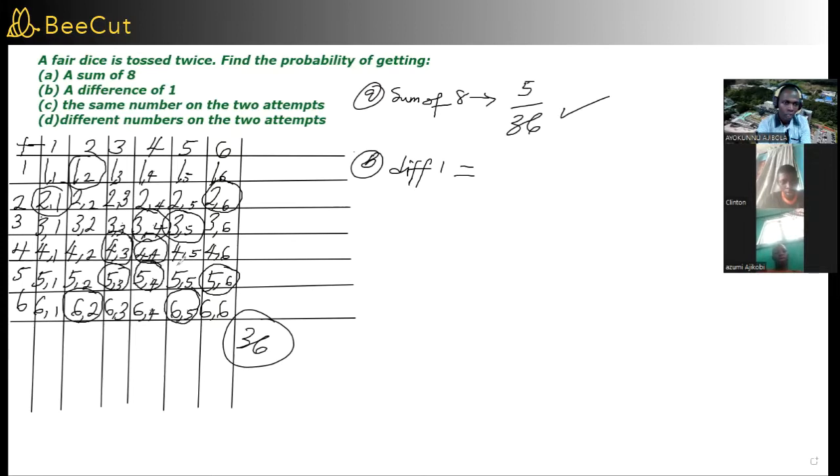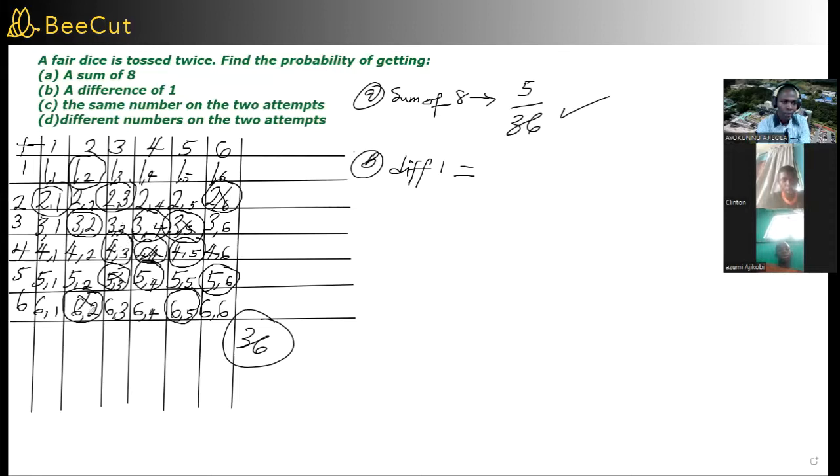Okay. So let me firstly cross out the ones that we have used. So 5 and 4, and 4 and 5. Then 6 and 5 and 5 and 6. Is that all? What about 3 and 2, and 2 and 3?